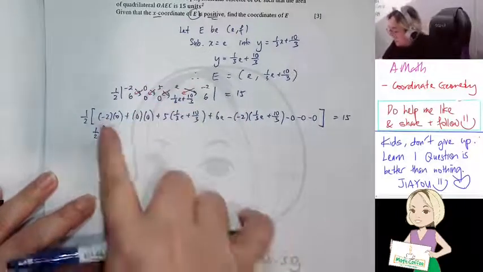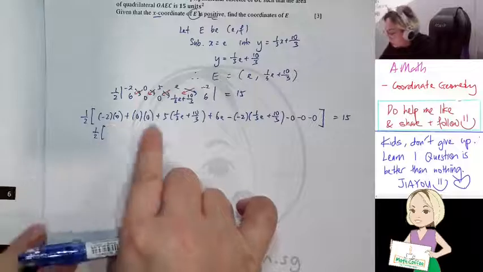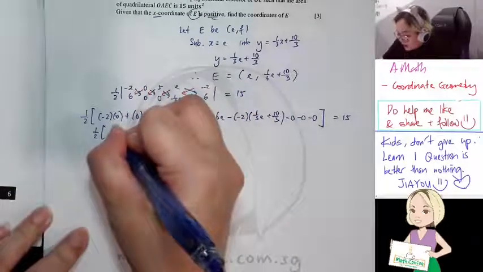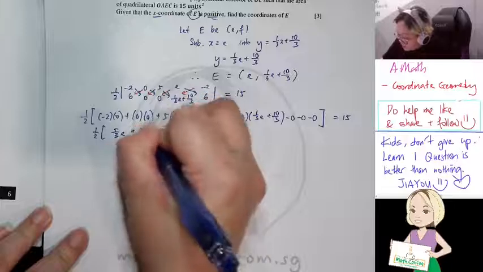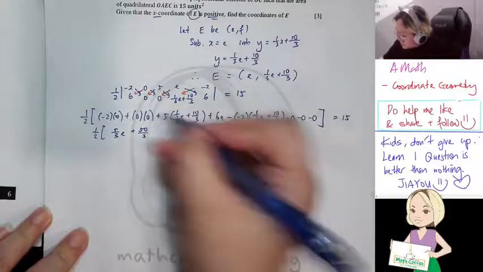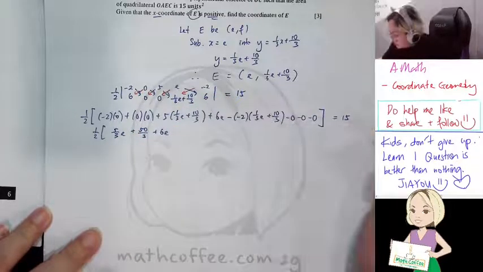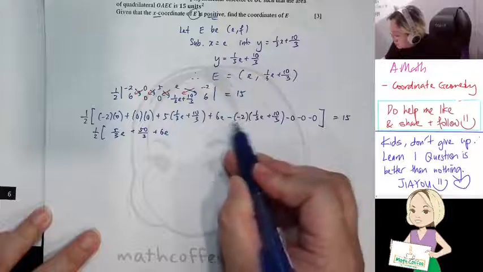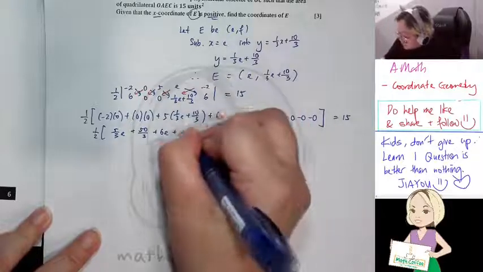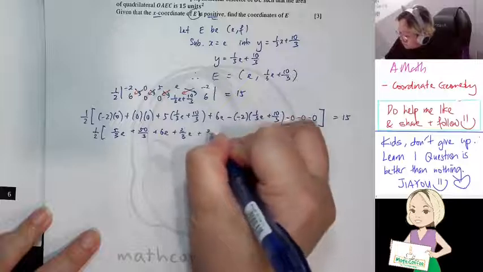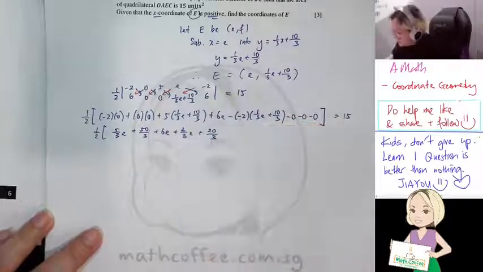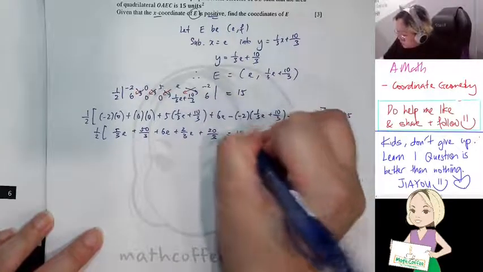Let's simplify first. All these are 0. Then I will have 5 over 3 E plus 50 over 3 plus 6E. Minus, minus is plus, so plus 2/3 E plus 20 over 3, equals 15.